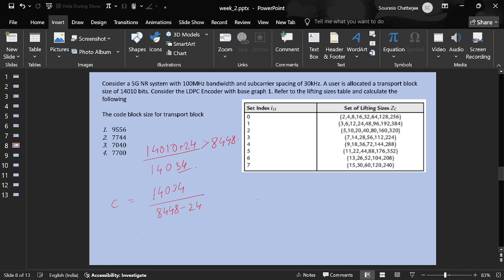So we subtract 24. We can get an integer or a fractional value, so we need to take the ceiling. This results in two code blocks.